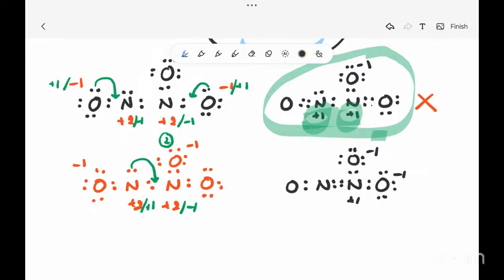Then we have something like this, minus one, like this. So this has also induced a plus one charge on top of this one. So this plus one and minus one, this is double bond oxygen. This is plus two. This is a plus two one, because not plus one, this is plus two. So this can be accepted as N2O3, this one, right?